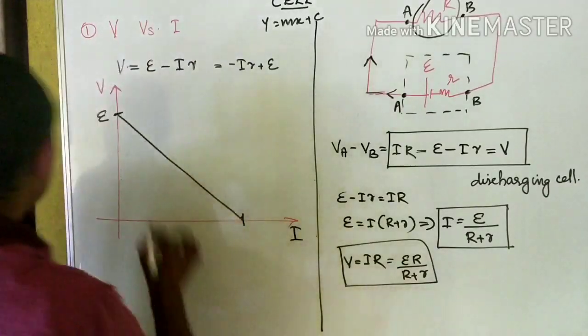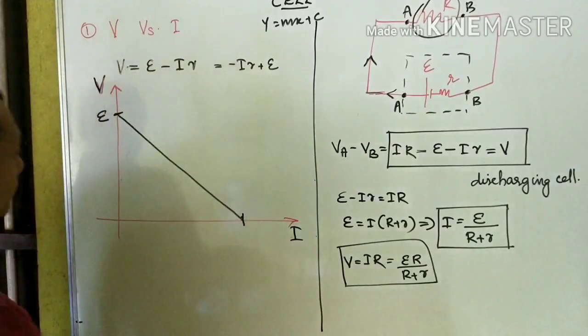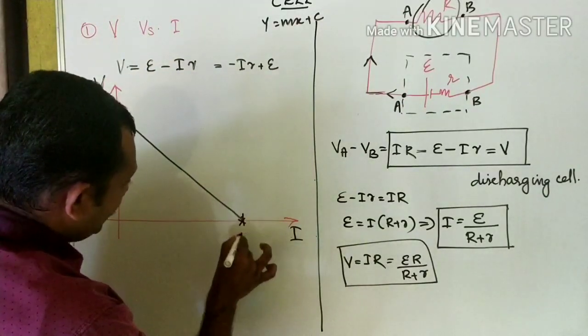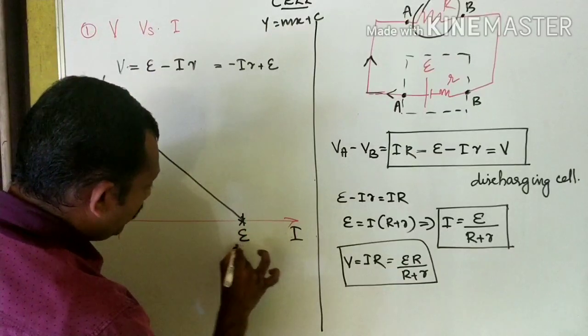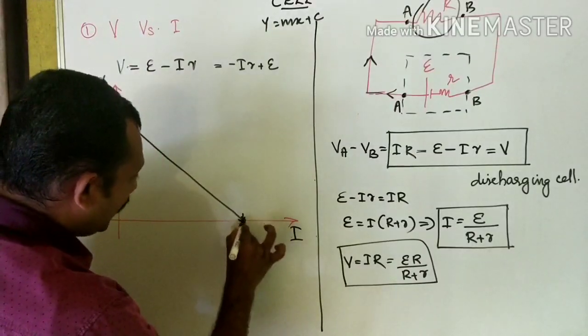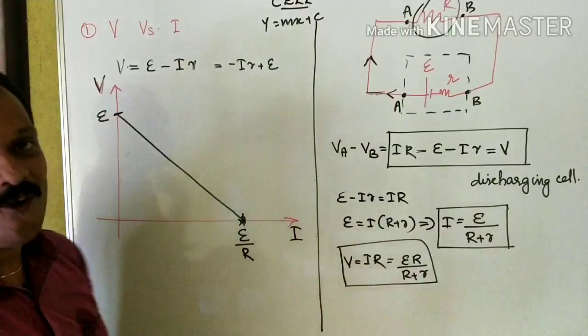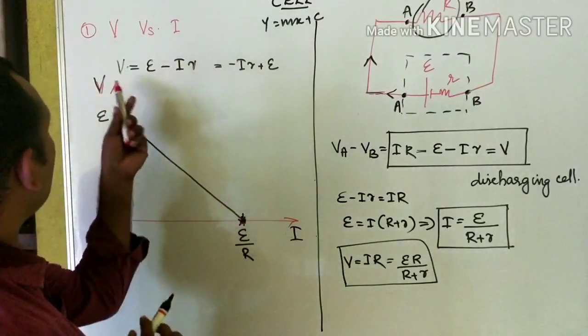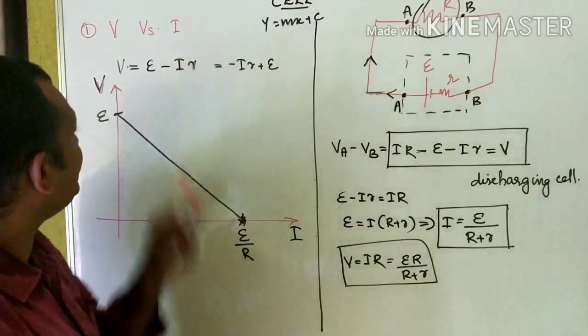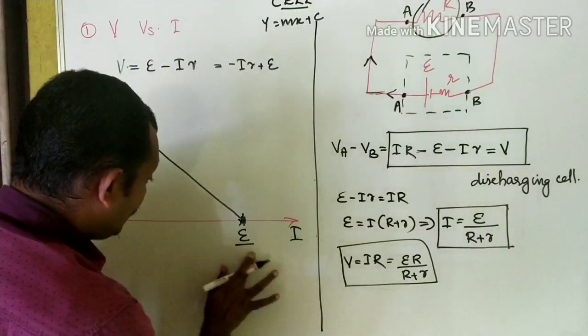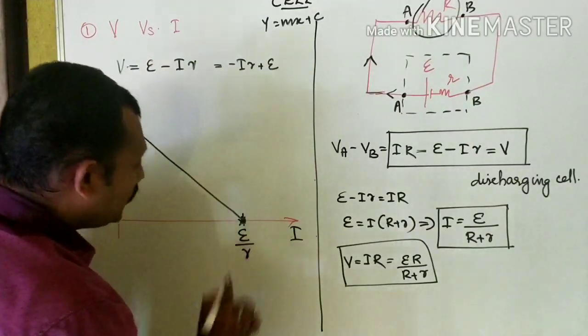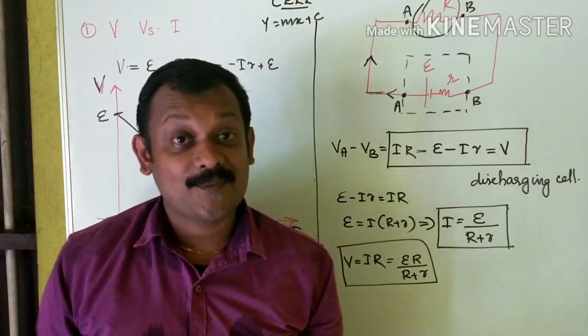This is V. And the current corresponding to this point will be epsilon divided by small r, because at this point V is equal to 0, which means 0 is equal to epsilon minus Ir, and that means I is equal to epsilon divided by small r.